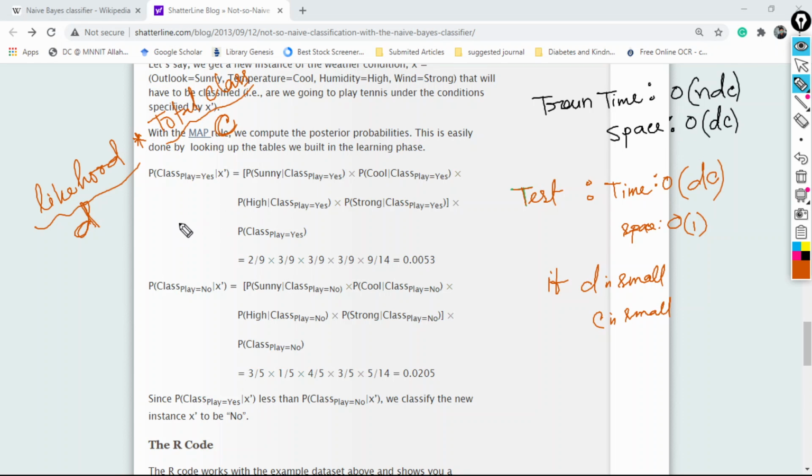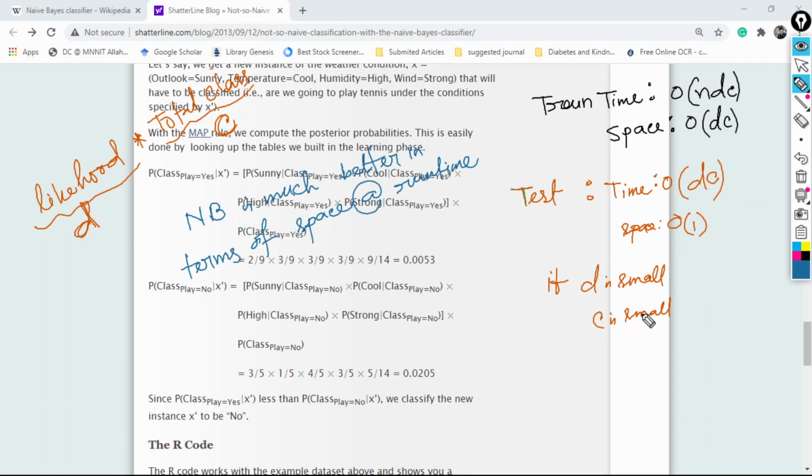So if we finalize this about time complexity and space complexity, we conclude naive Bayes is much better in terms of space at runtime, because we see how little space is required.